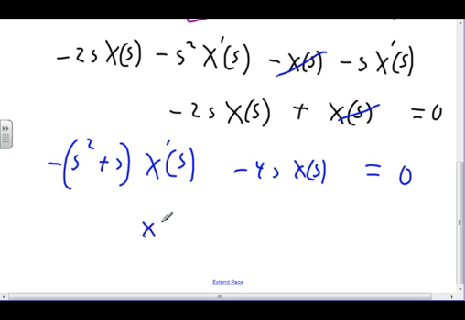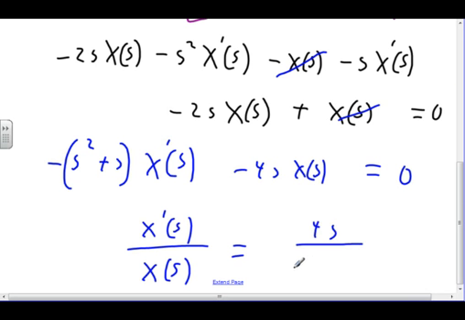So I've got x prime of s divided by x of s is equal to 4s over minus s squared plus 2. Is that a 2? Is that an s squared plus s?